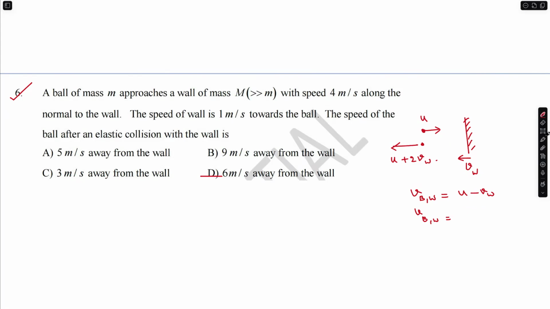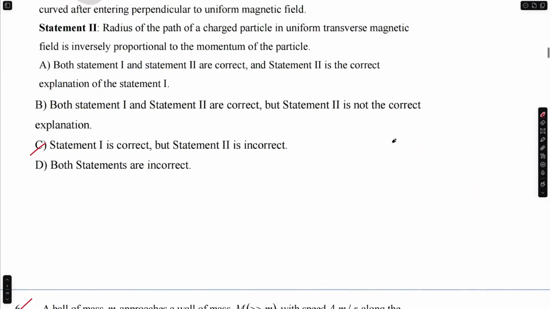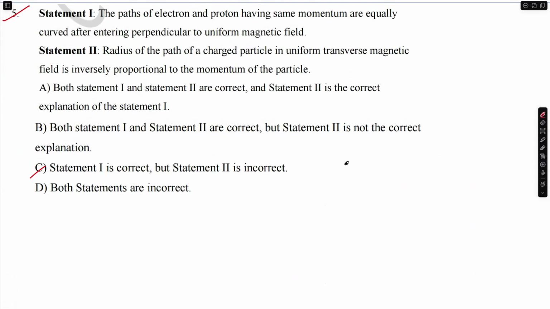But trust me, if you are working in this sense, you are lost. These are standard formulas in collisions. If a heavy wall is moving towards the ball, and the ball strikes with speed u and goes away, then it will go with u plus 2 VW. So therefore, in this case, u means 4, plus 2 into 1, 6 meters per second away from the wall. Clean hit.